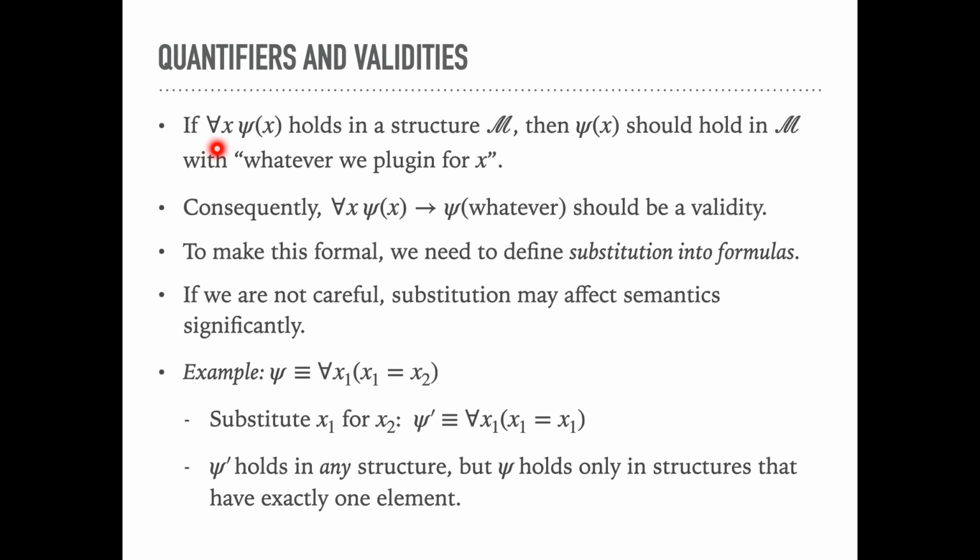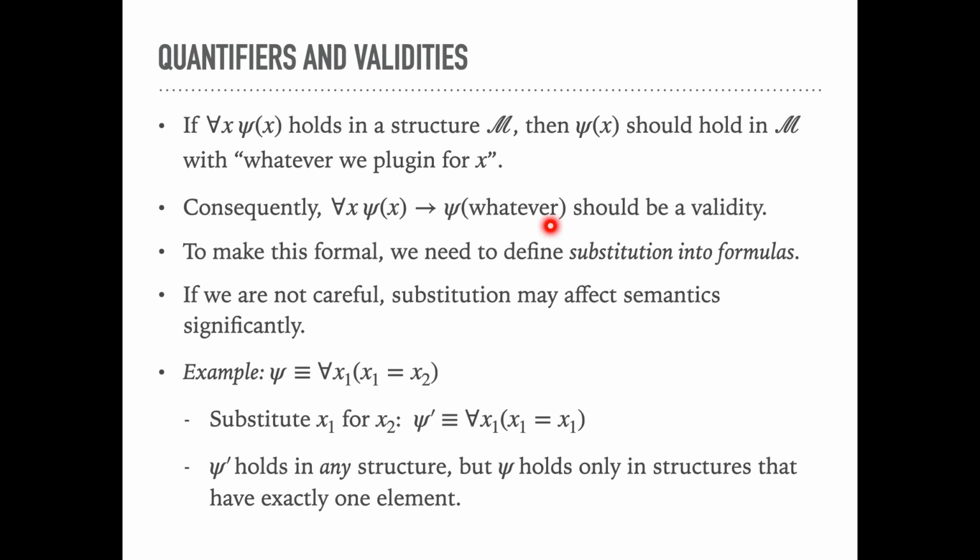Suppose that for all x, psi of x holds in a structure M. Well, if that's the case, then psi of x should hold in M intuitively with whatever we plug in for x. So if that's true, then this implication should be a validity, because if this holds in a structure, then this psi of whatever should also hold in a structure.